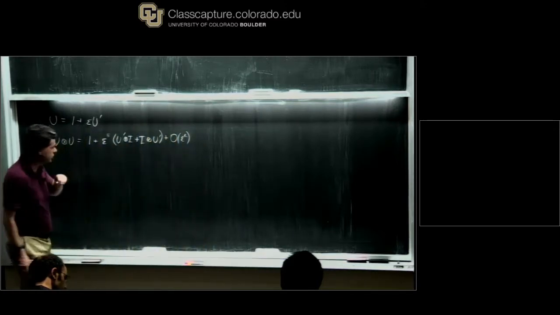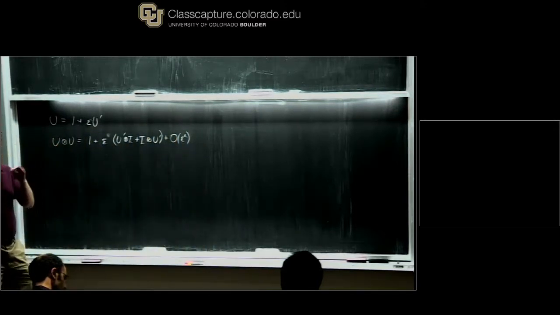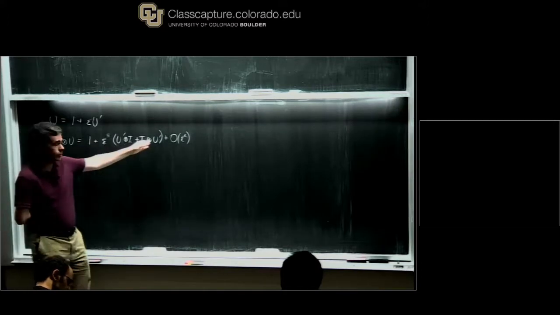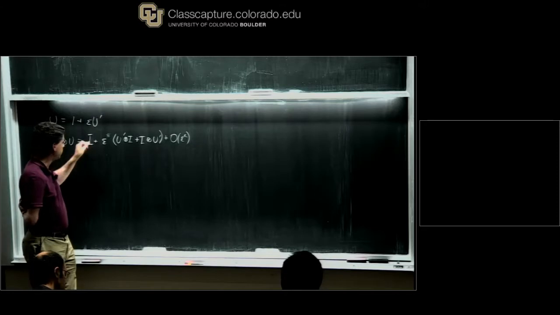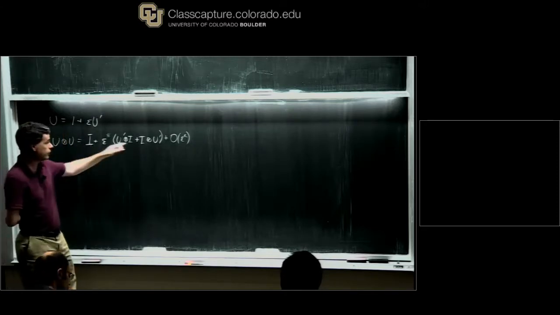And remember that I said that if you can correct the errors A and B, you can correct A plus B. So you see these first 3 terms: this is a 1 qubit error, and this is a 1 qubit error. This is the identity, so it's a 0 qubit error. So we can correct all of those.